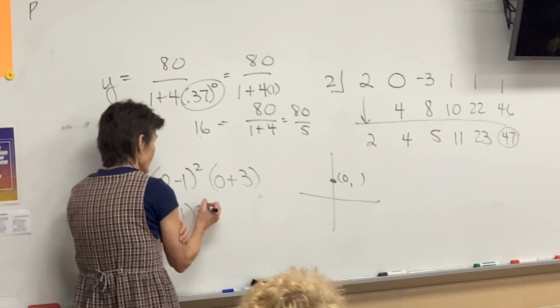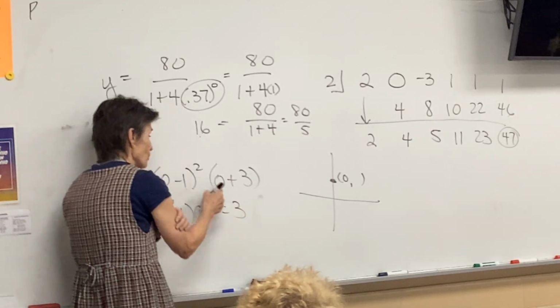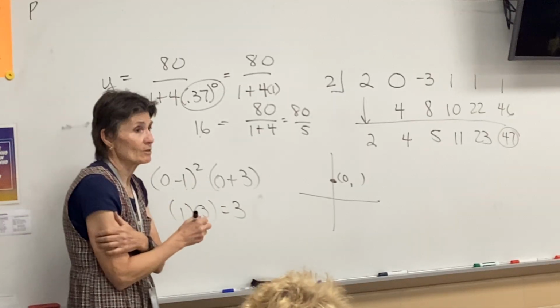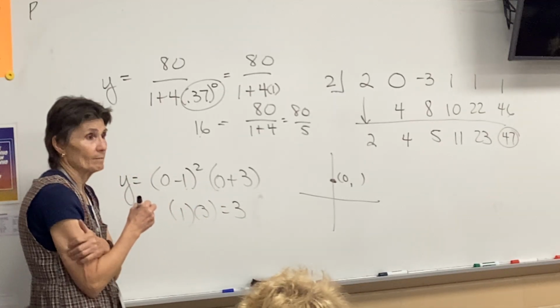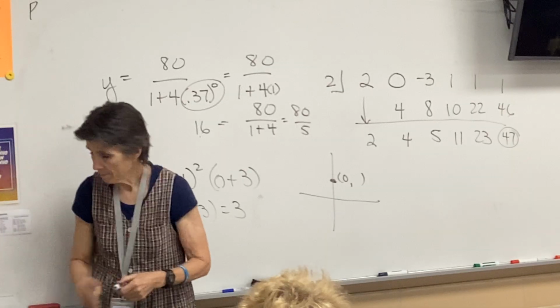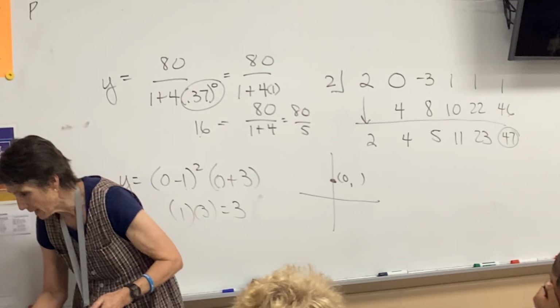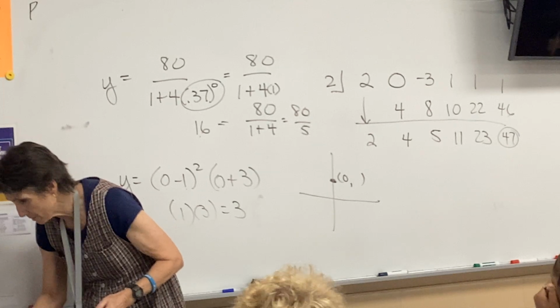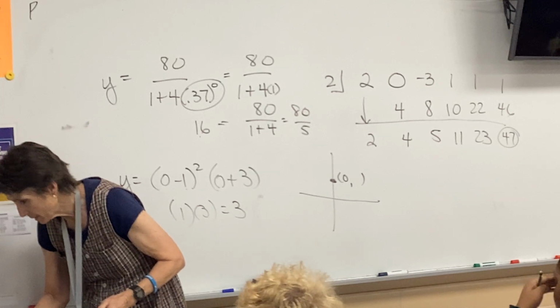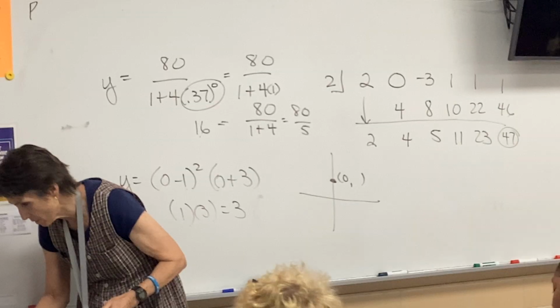And then 0 plus 3 is 3. So what is my y-intercept? Those are times each other. So my y-intercept is 3. Okay? That's all there is to it. One more time. How do we find the y-intercept? Plug in 0 for x.